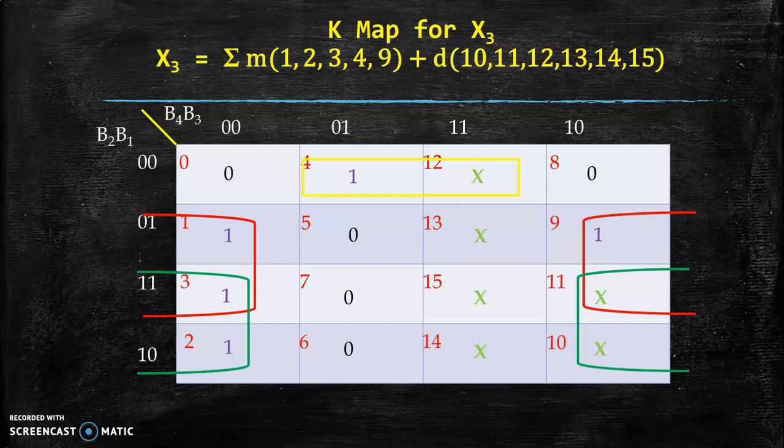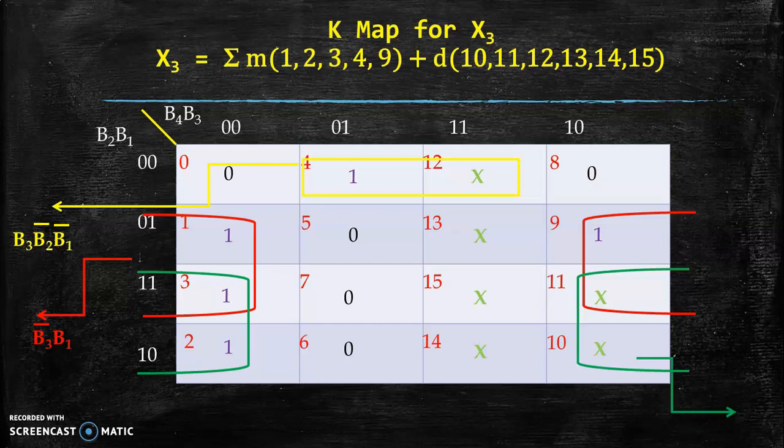We have used some of the don't care conditions as 1 as per our requirement. Now we write the product terms. For the pair, we can write B3 dot B2 bar dot B1 bar. For the first quad, we can write the product term B3 bar dot B1.